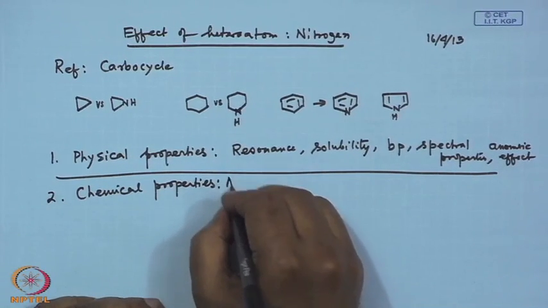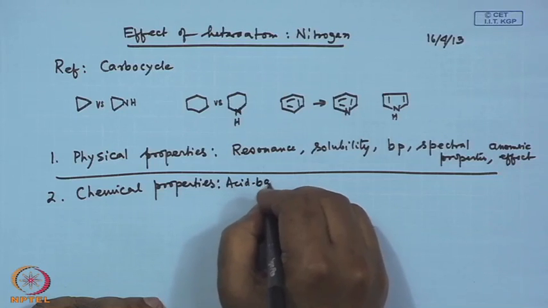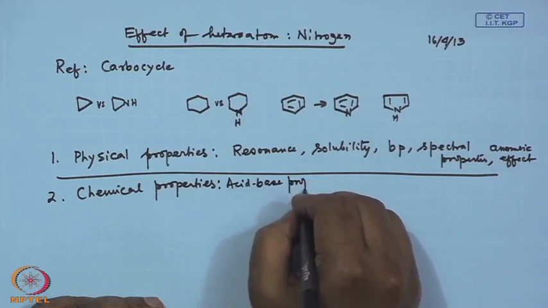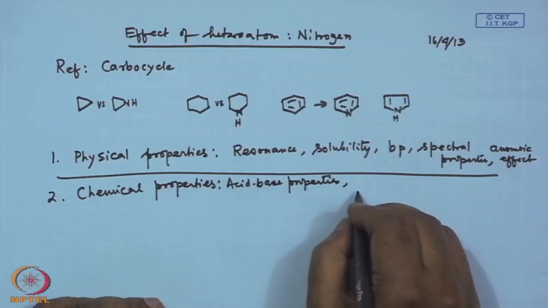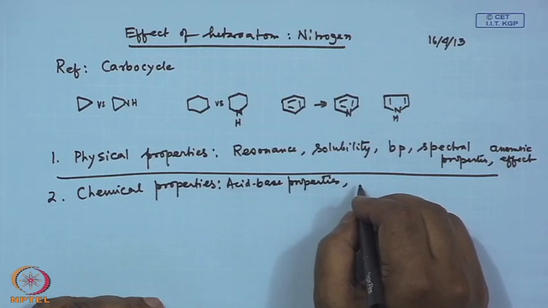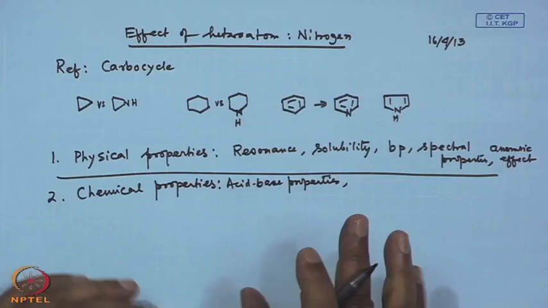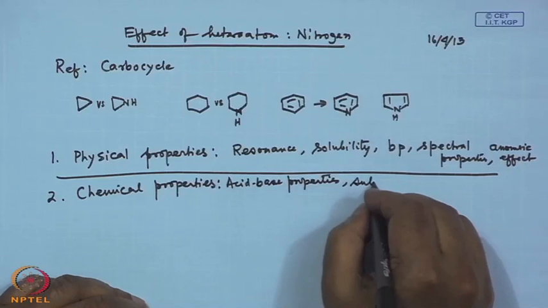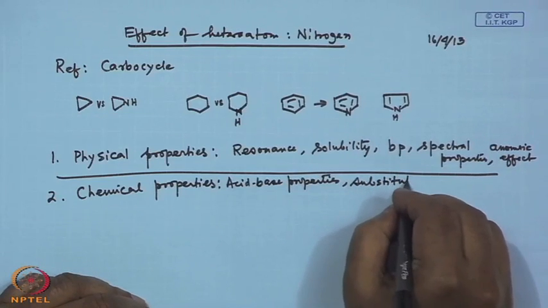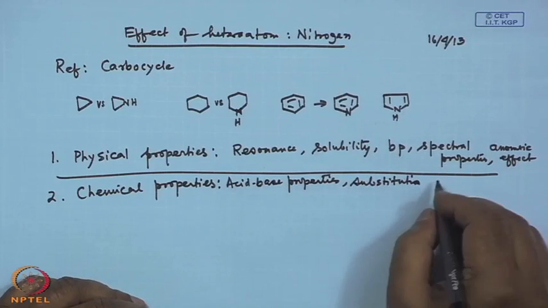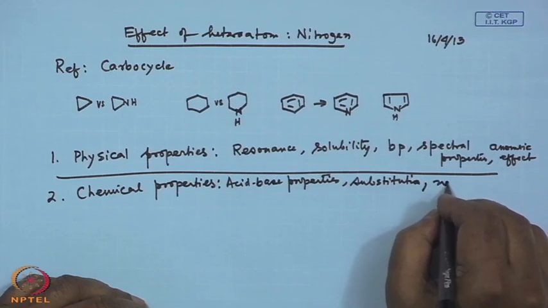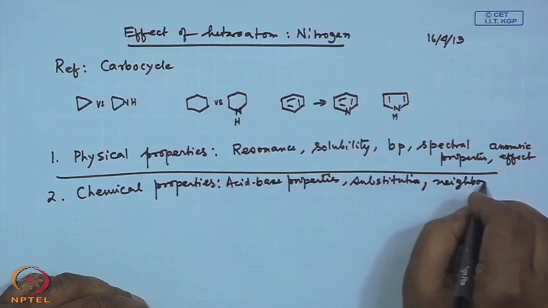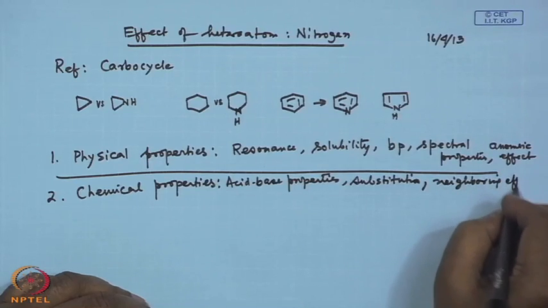So, that means whether the acid strength has increased or decreased, etc. Then of course, all of us know the next important thing, especially in the area of heterocyclic chemistry, is substitutions, substitution, right. And then I think many of us know, when you are talking about this, it is called the neighboring group effect.